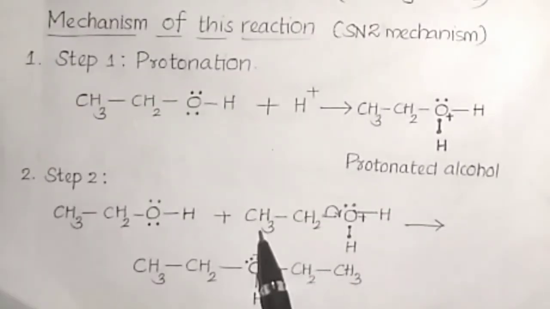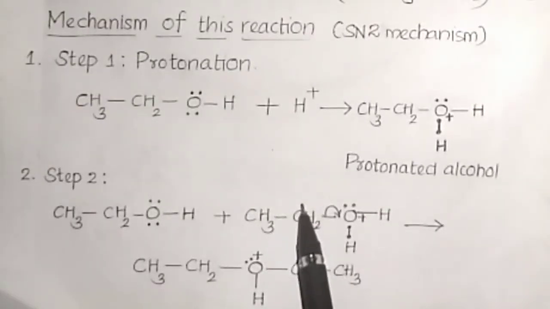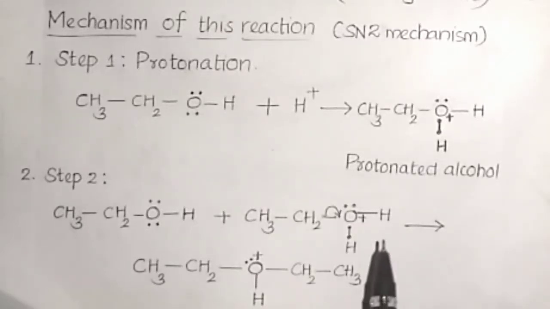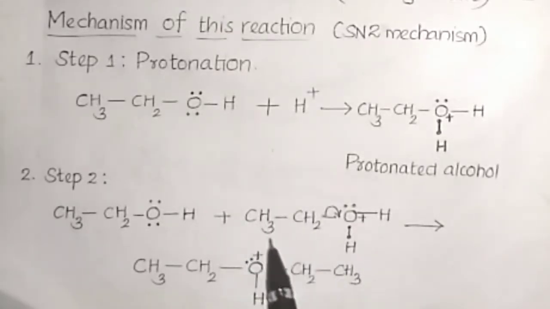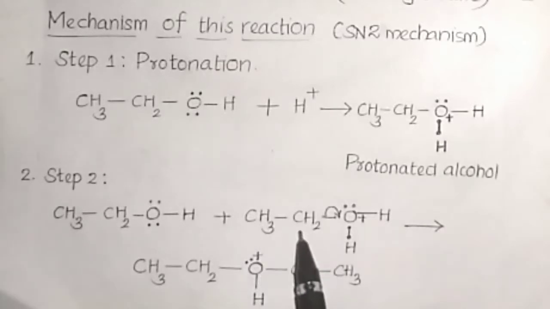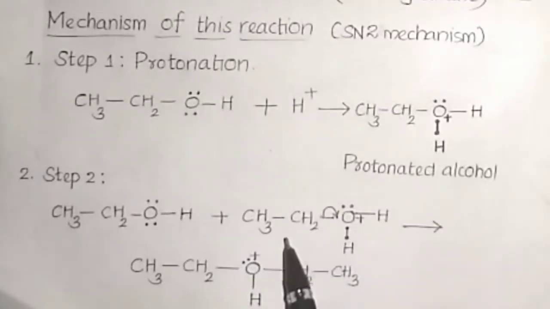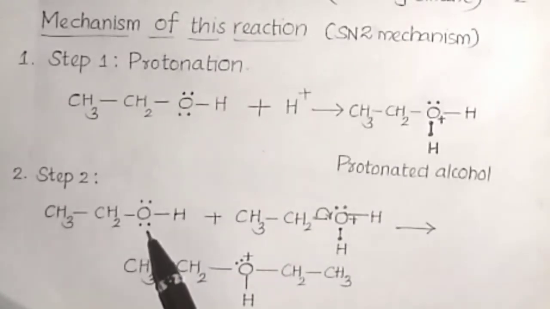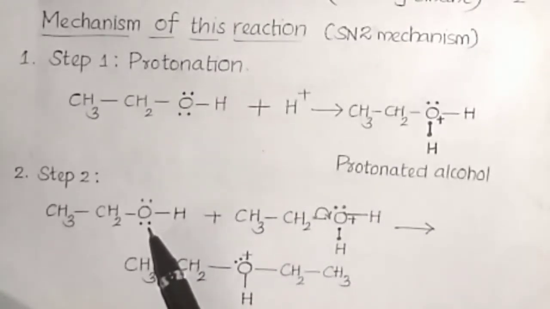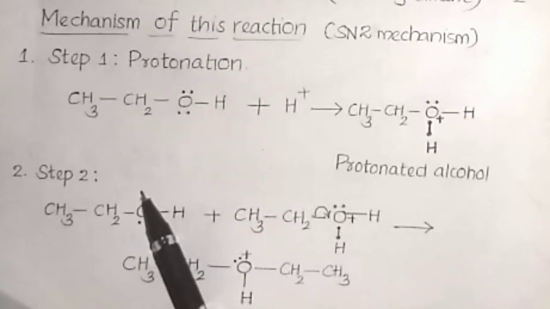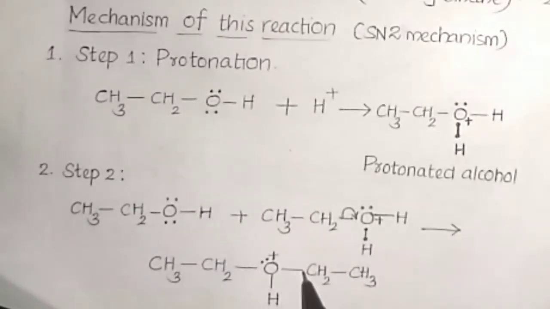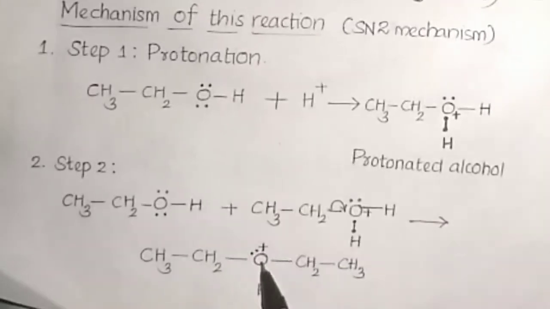Then we get CH3CH2 plus, and H2O is removed as a water molecule. Then we get a carbocation here, CH3CH2 plus. This CH3CH2 plus is attracted towards the oxygen atom because this is the electron rich center. This lone pair becomes a bond pair and attaches the CH2CH3 group.